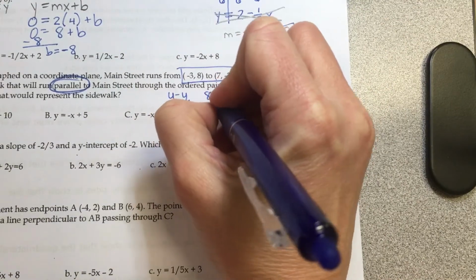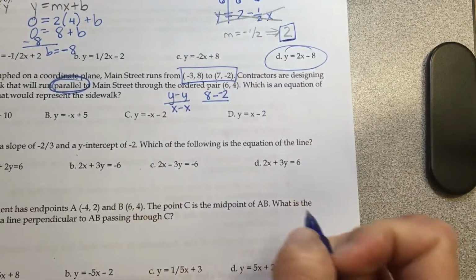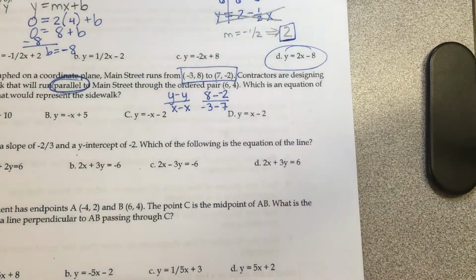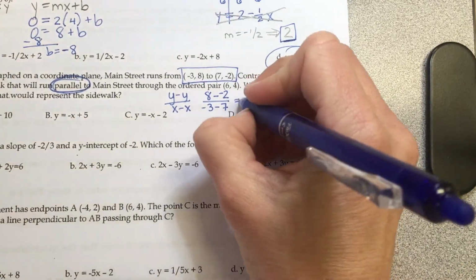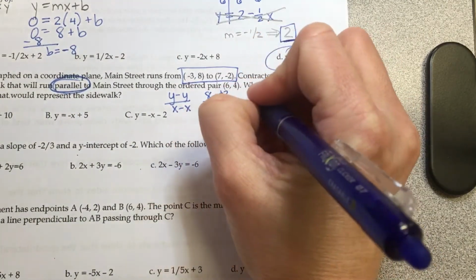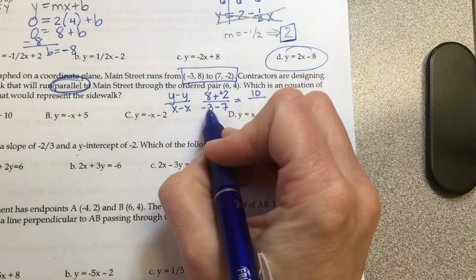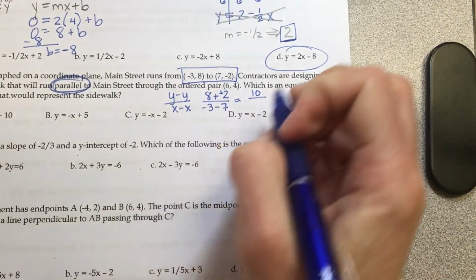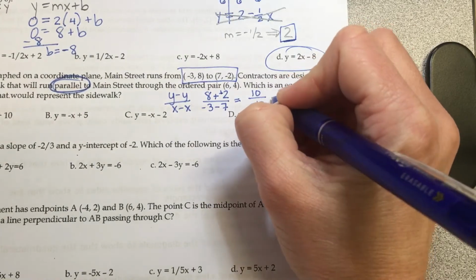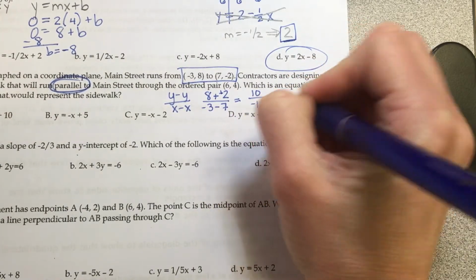So 8 minus negative 2 over negative 3 minus 7. We know that minus a negative turns into a positive, so you get 10 on top. Negative 3 minus 7, and you do have to divide those if possible. 10 divided by negative 10 is negative 1.